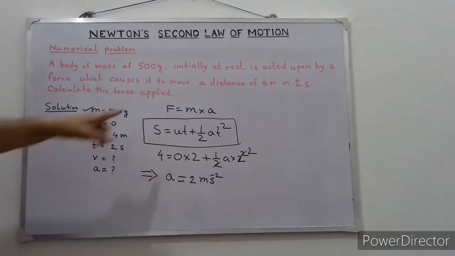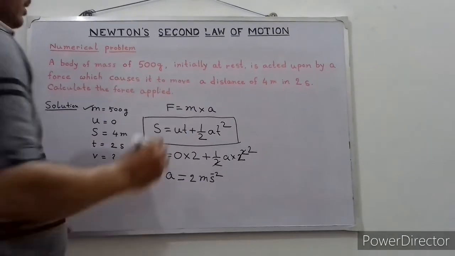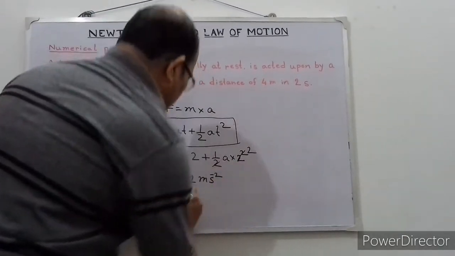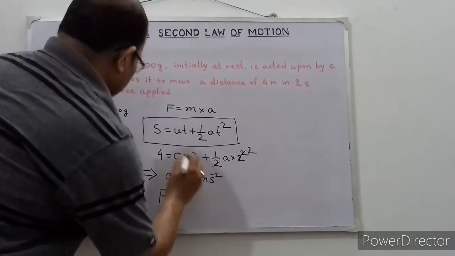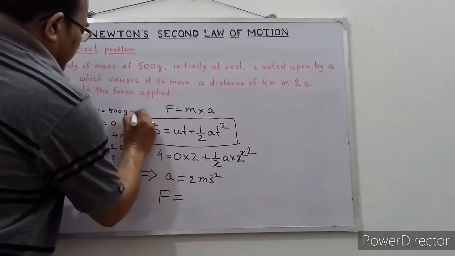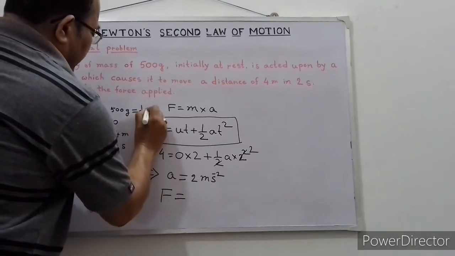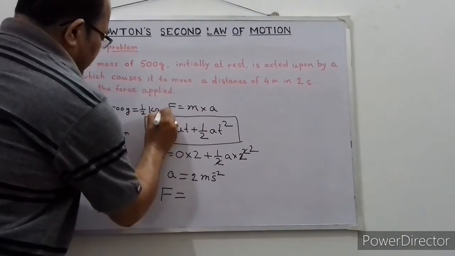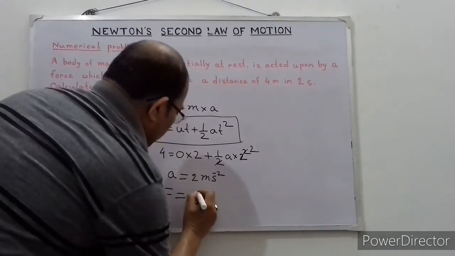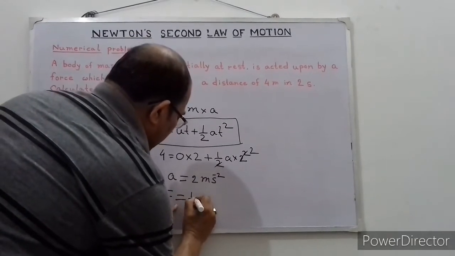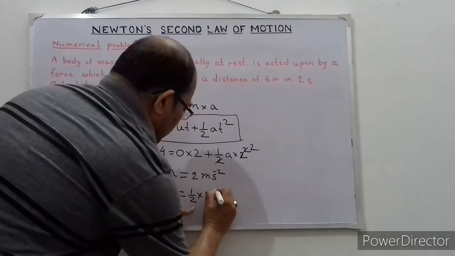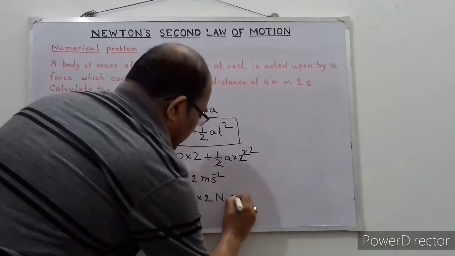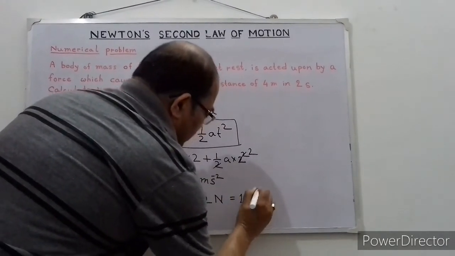Okay. Now F equals m into a. So F equals m, mass, that is 500 gram. That means 1 by 2 kg. So F equals half into 2 Newton, that is 1 Newton.